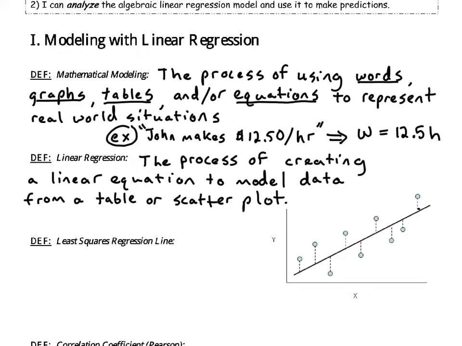The next definition we have is linear regression. Linear regression is a specific type of mathematical modeling that you will be using as the cornerstone of your project. So what is linear regression? It's the process of creating a linear equation to model data from a table or scatter plot.